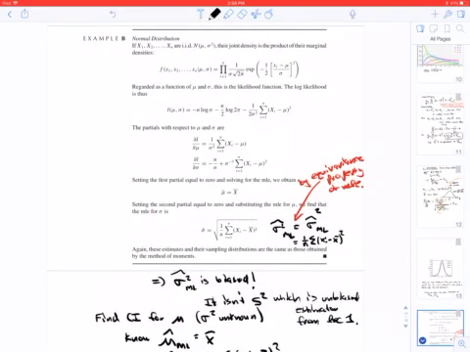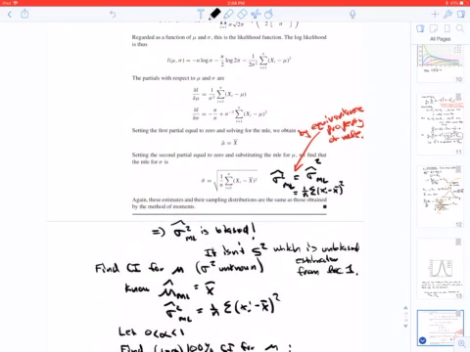So we start off and just follow the book here in how they calculate the MLE for mu and sigma squared. For mu, it's the sample mean, and for sigma squared, it's 1 over n times the sum of (xi minus x bar) squared.